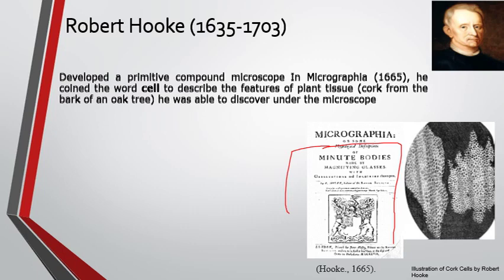Actually, he used a cork from the bark of an oak tree, and these are the observations of Robert Hooke, in which he observed small cells in the cork of the oak tree, discovered by Robert Hooke through his compound microscope.